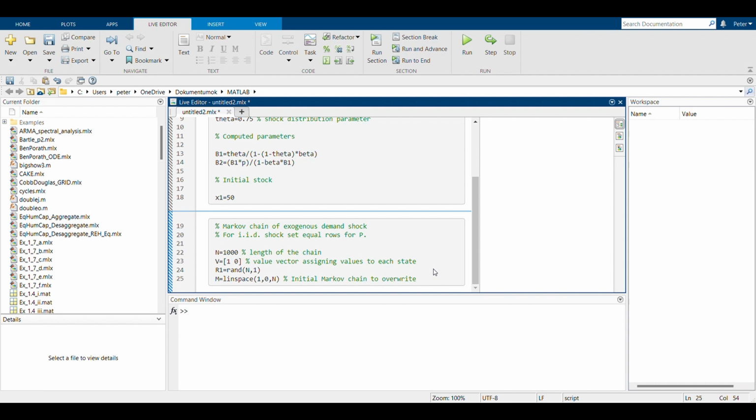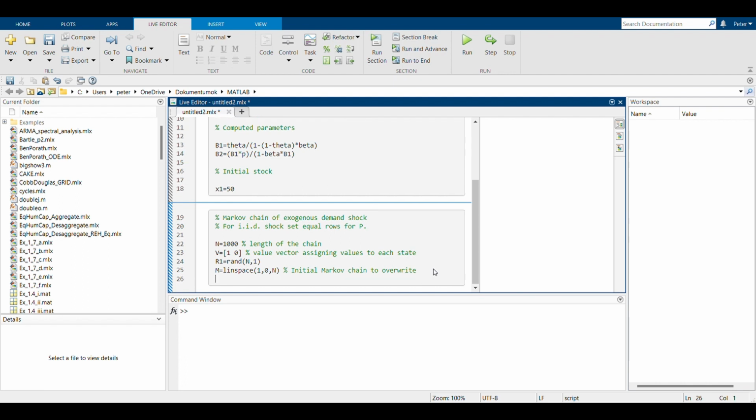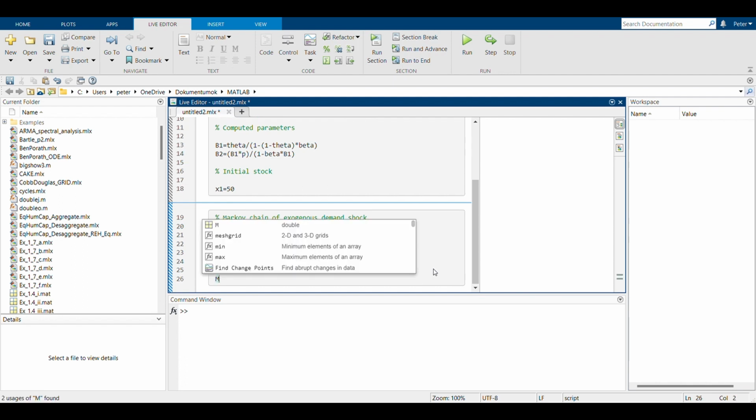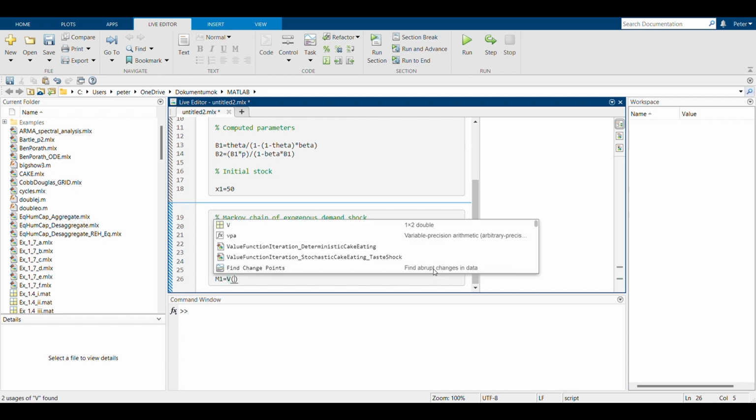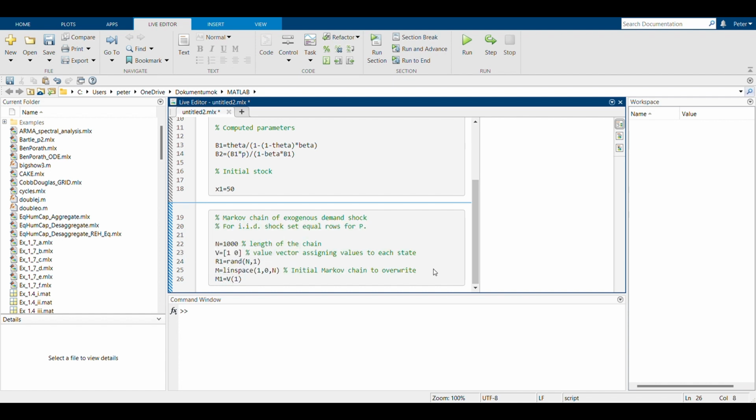Here as a next step we give a starting value for the Markov chain. Let it be 1. It could be 0 too.